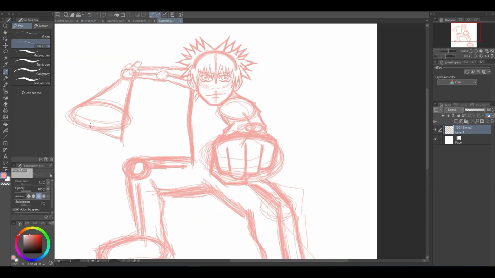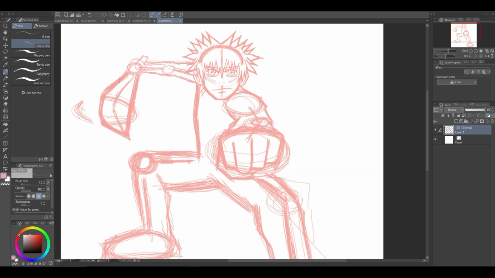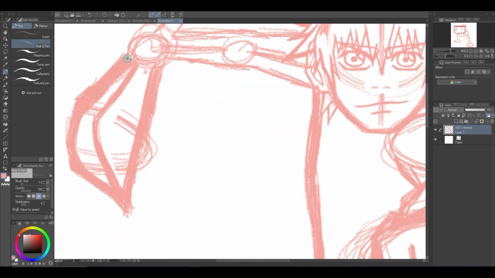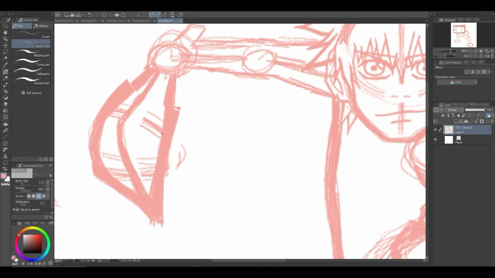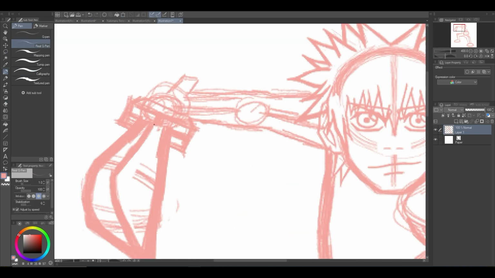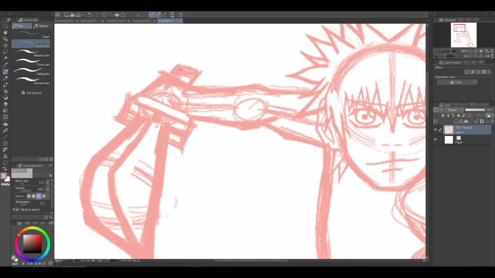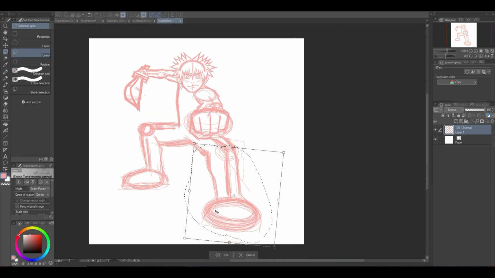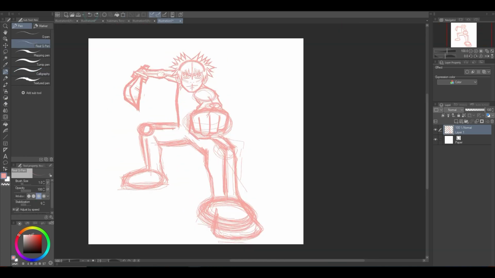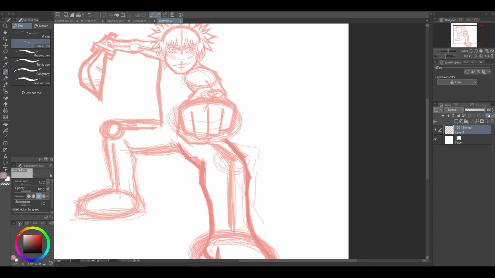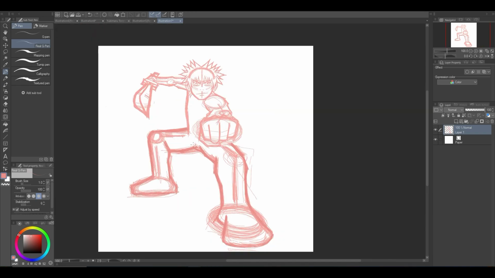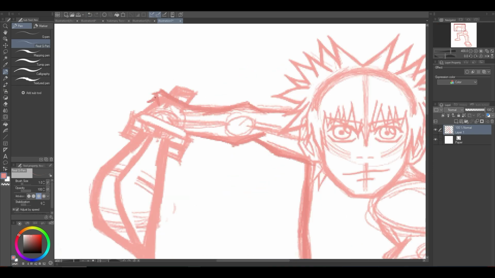Whenever you foreshorten pieces of an object, a body part, whatever you're drawing would be cut off because you're trying to give this illusion, right? So for example, in the image that I'm drawing right now, we see that my character has his fist pointed out towards us.